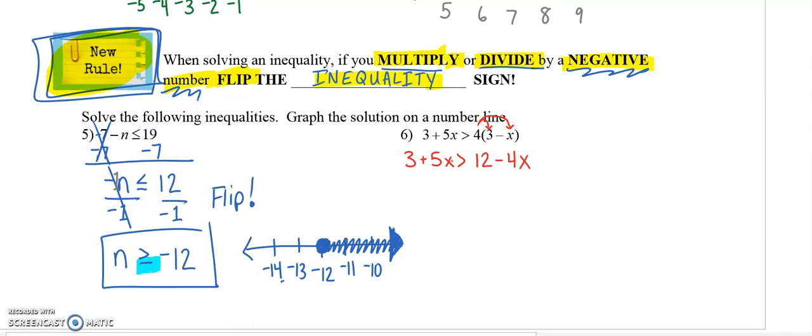The other thing I do with equations when I have x's on both sides is I move them to one side. With inequalities, I highly recommend keeping x on the left side. I think it makes it easier to read. So instead of moving the 5x over to the right side, I want to keep x's on the left side. So I'm going to move the 4x to the left, and since it's negative, I'm going to add.